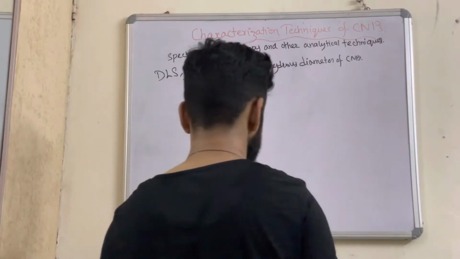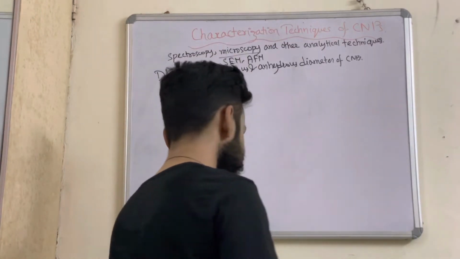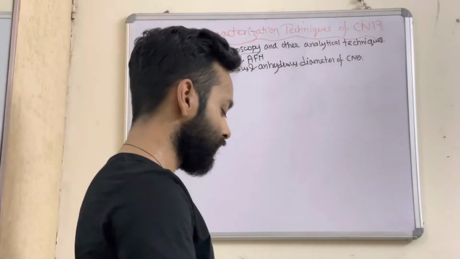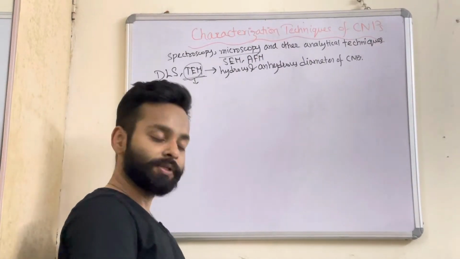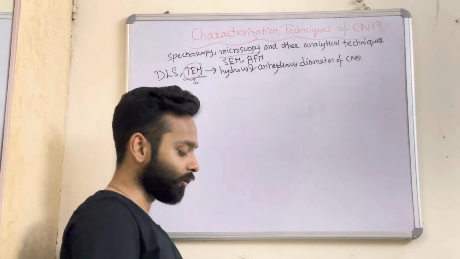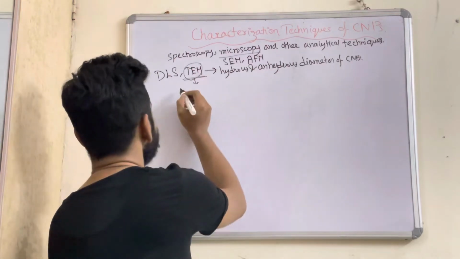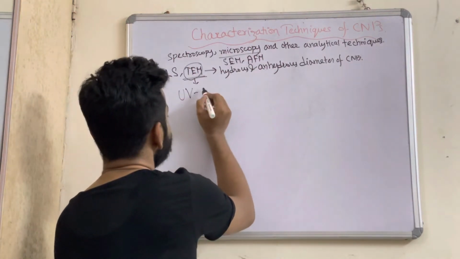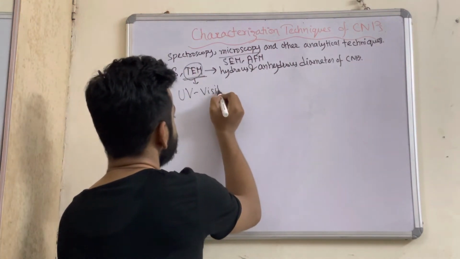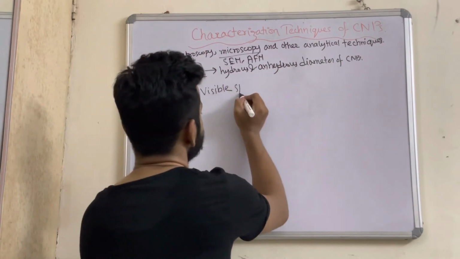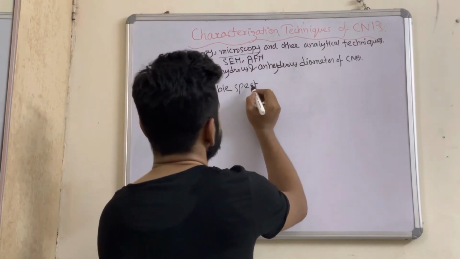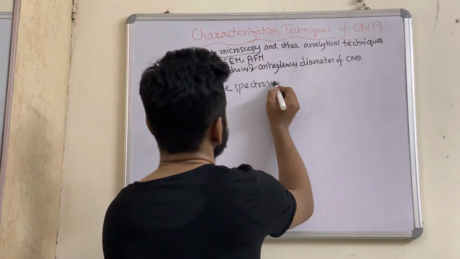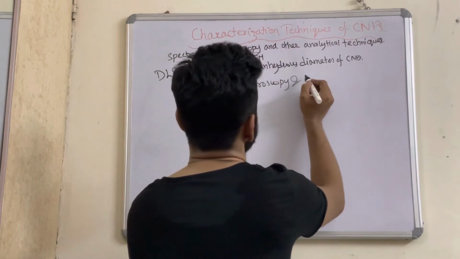So the optical properties of these carbon nanoparticles are mainly analyzed through their absorption and emission spectrum obtained from UV visible spectroscopy and fluorescence spectroscopy.